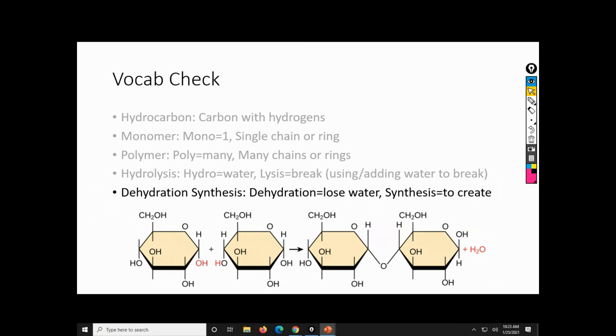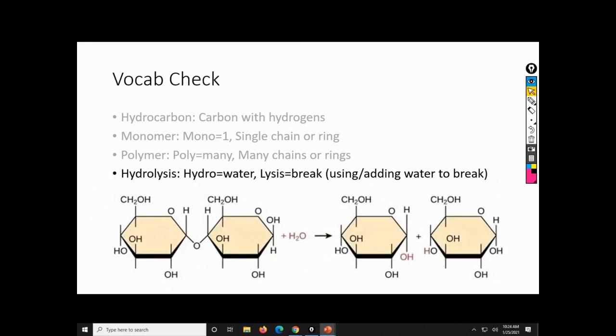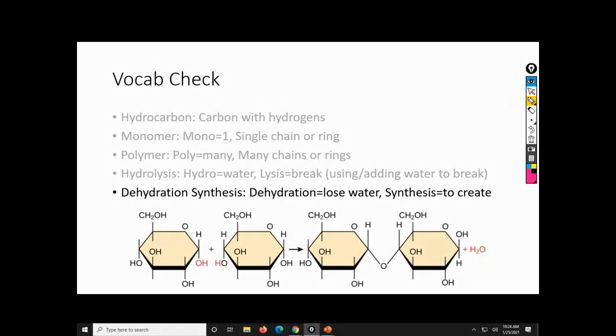So we have synthesis, right? And so the terminology for synthesis, meaning to make, to synthesize, right, to create. Okay, and we also know dehydration, okay? We're going to pull water out. We're taking that away. So we're pulling that water away instead of putting that in like we did before. Right, so we're taking away those mittens.